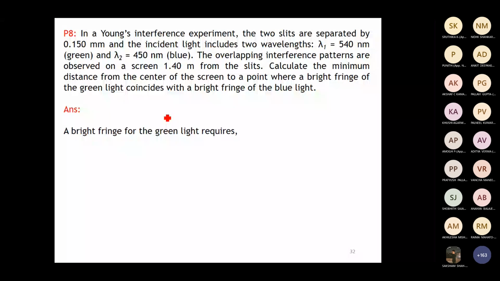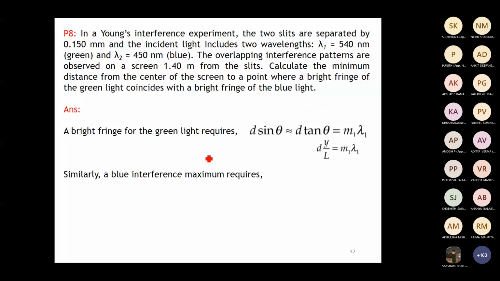The equation is d sin theta is equal to d tan theta equals m1 lambda 1, right? So we know tan theta is y by L, that is d y by L equals m1 into lambda 1. Similarly, for the interference maximum for the blue, it will be the same: d y by L is equal to m2 into lambda 2.